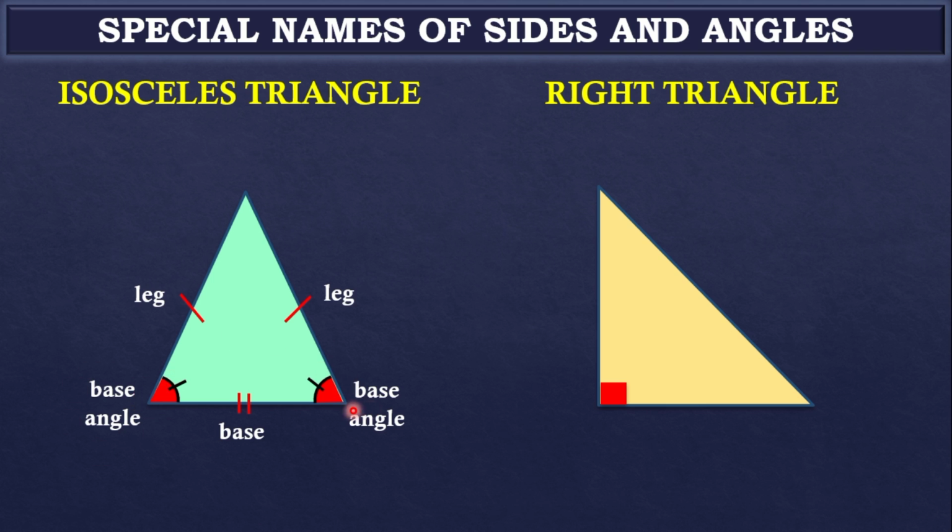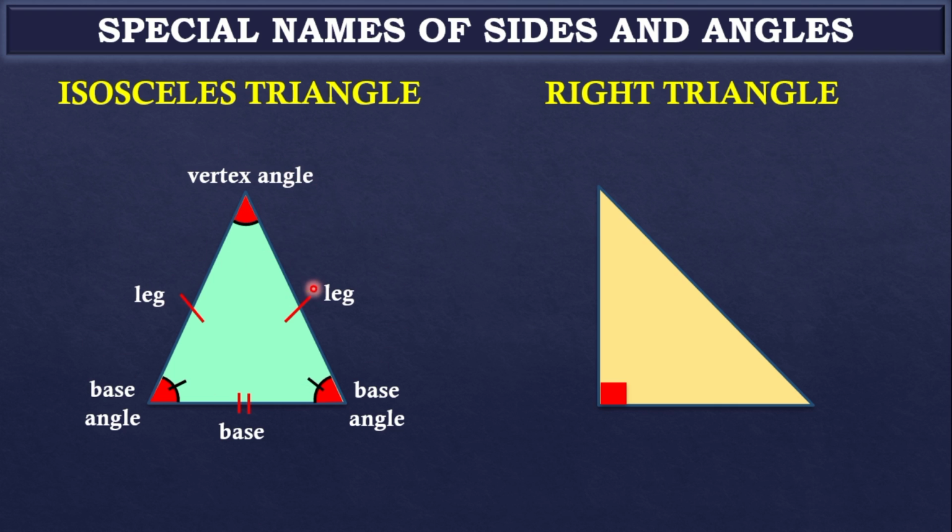So, as you can see, meron siyang markings because the base angles of isosceles triangle they are always congruent. Okay, so pag sinabi nating base angles ng isosceles, lagi po yan congruent. Ano naman tawag natin dun sa angle na hindi congruent sa kanilang dalawa? That is what we call the vertex angle. Okay, so these are the parts of isosceles triangle.